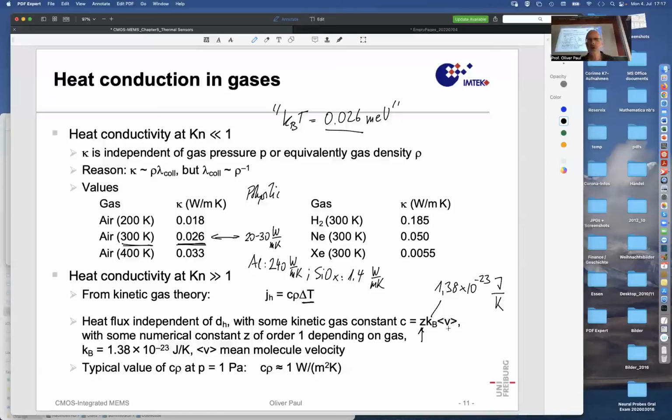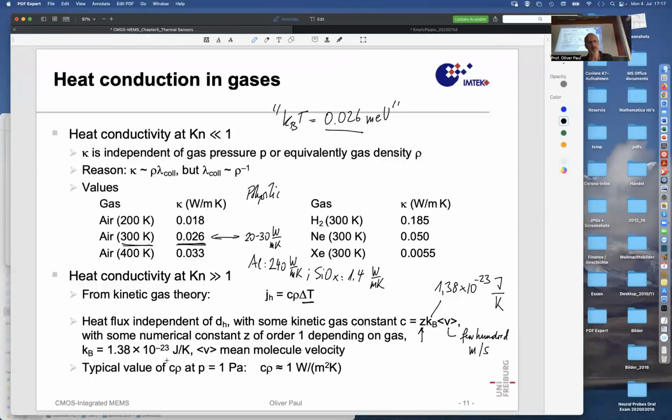So let's say at room temperature, a few hundred meter per second, what we have estimated before. And that product is this C here. And so I gave KB here, mean velocity.